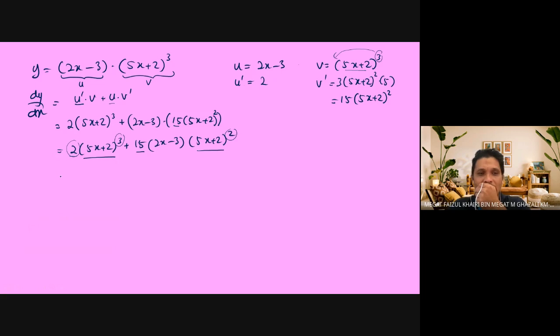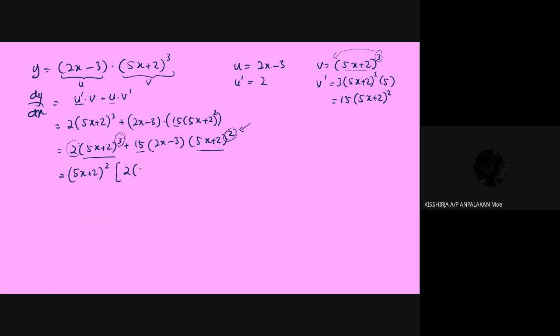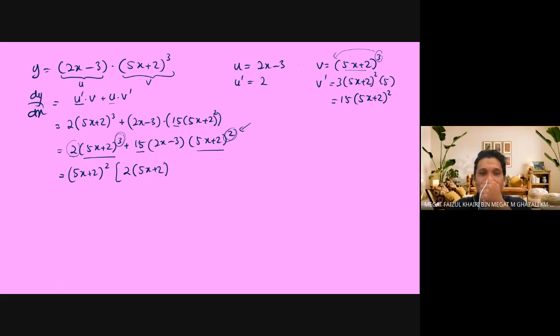So if we factorize to simplify, we take out the least power, which is squared. So (5x plus 2) squared is taken outside. How many are left here? One 5x plus 2, so 2(5x plus 2), and then plus 15(2x minus 3). Both have had (5x plus 2) squared taken outside, so is there any 5x plus 2 left here?